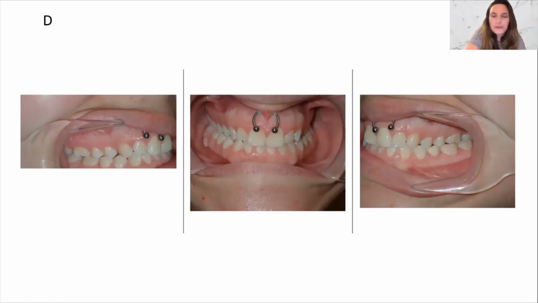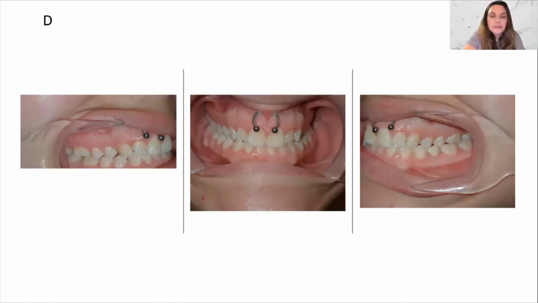So moving on from the oral piercing and taking a look at this patient, what classification of occlusion do we have? And I will give you another hint, it's two different ones. Let's do the patient's right side. Class 2.